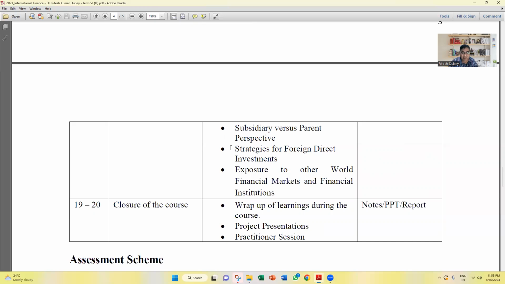Be it you are an analyst, a credit rating analyst, a financial analyst, or an investment banker, how do you take the most out of an international financial market? That is something that we'll try to learn from there.